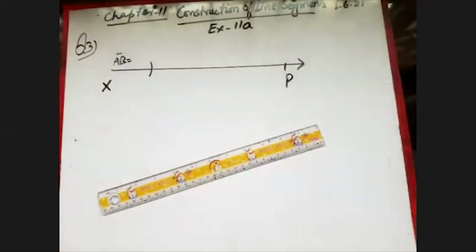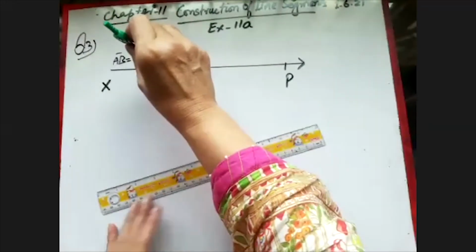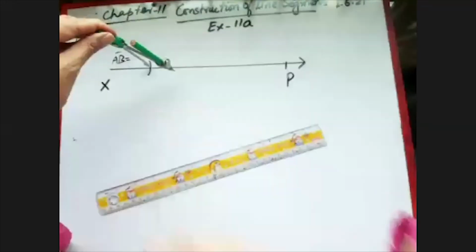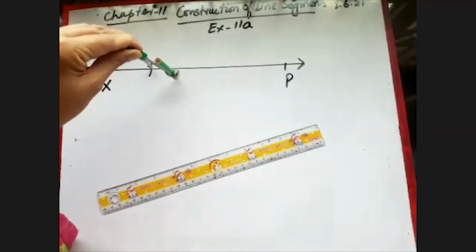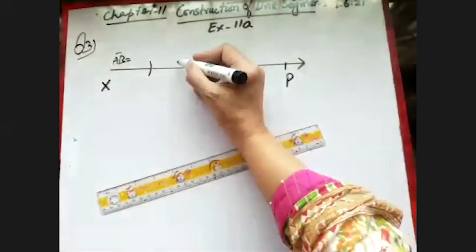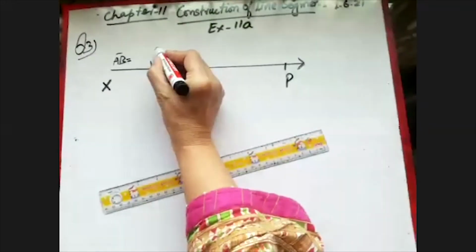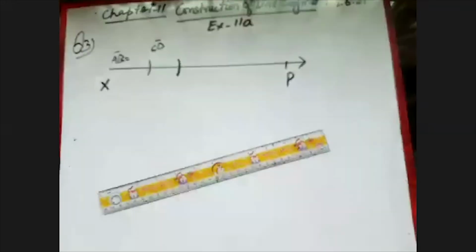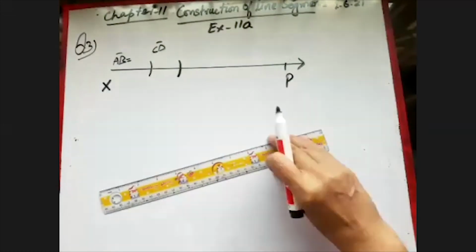Put your compass at this end point where AB ends, the B end. So mark an arc on your ray XP. Another arc gives you the line CD, the length of line CD.